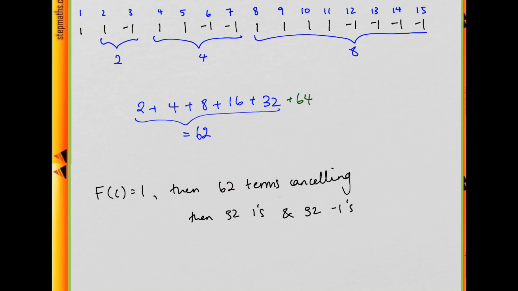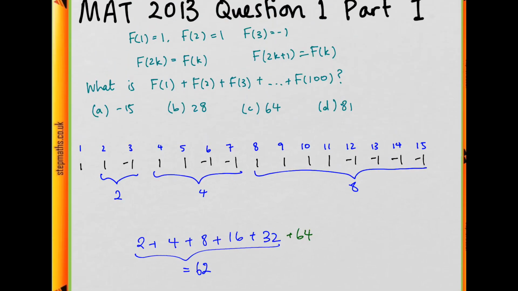That means we only need the first 27 ones, so we're adding on an extra 27. So we've got 1, then everything in the middle cancels out, then we add on an extra 27. The total is 1 plus 27, which is 28. And so our answer is B.